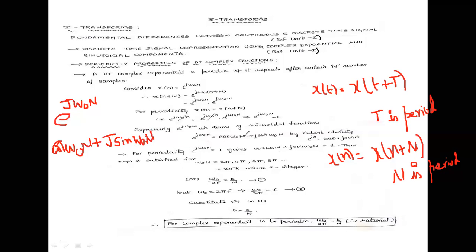In the full cycle, e power j theta is equal to cos theta plus j sine theta.